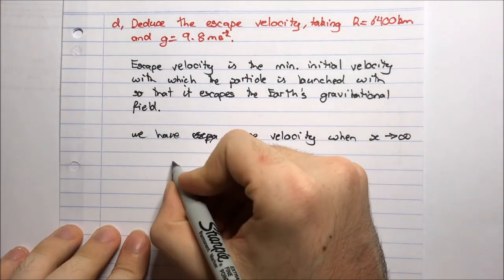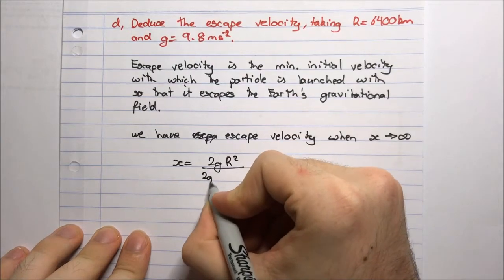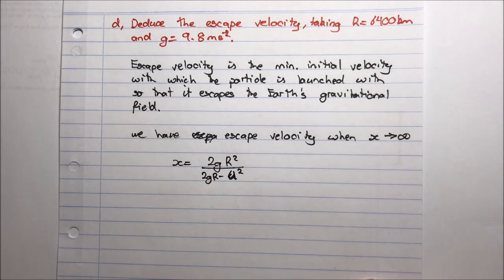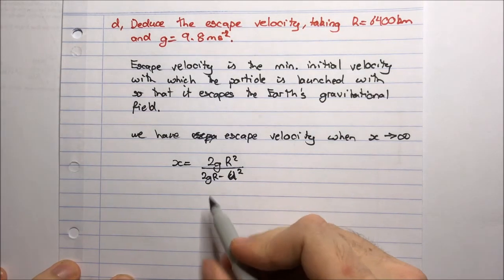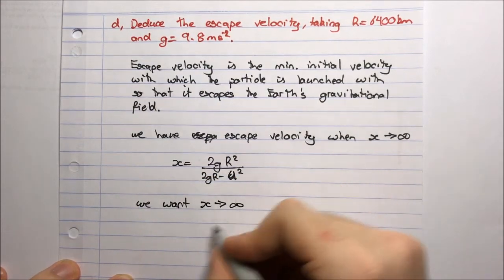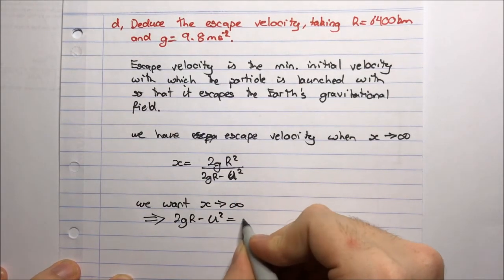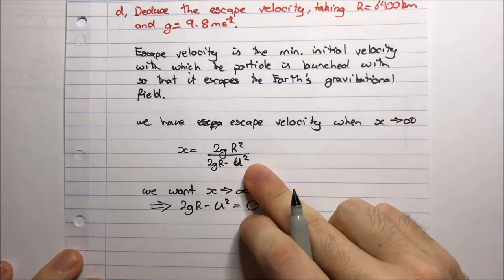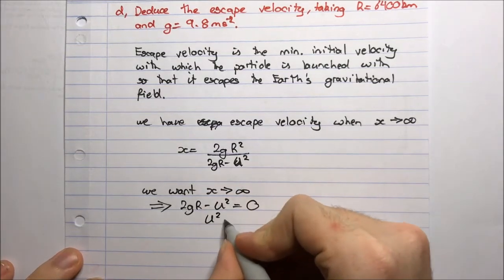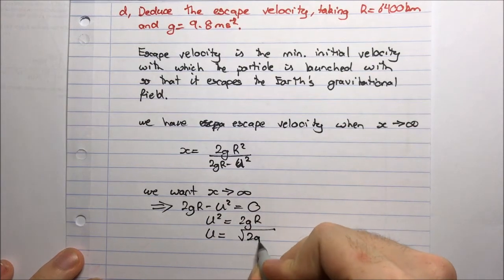So 2gR minus U squared should be 0. The smaller we make the denominator, the larger the fraction gets. That makes sense. So U squared equals 2gR, and so U equals the square root of 2gR.